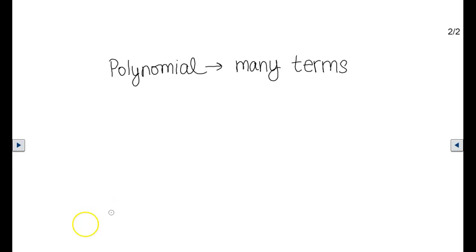So just to give you some examples here. Let's suppose that I had 2x. When I look at that, I notice there are no plus and no minus signs. So what that means is there's only one term there. So this would be a polynomial that only has one term.